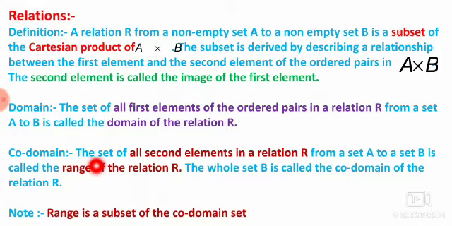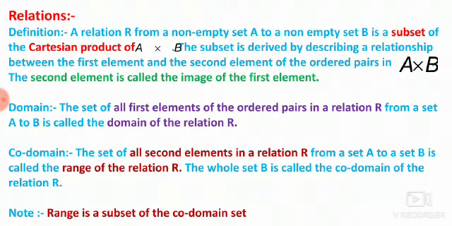Similarly, the set of all second elements in the relation R from a set A to a set B is called the range of the relation R. The whole set B is called the codomain of the relation R. The range is always a subset of the codomain set.